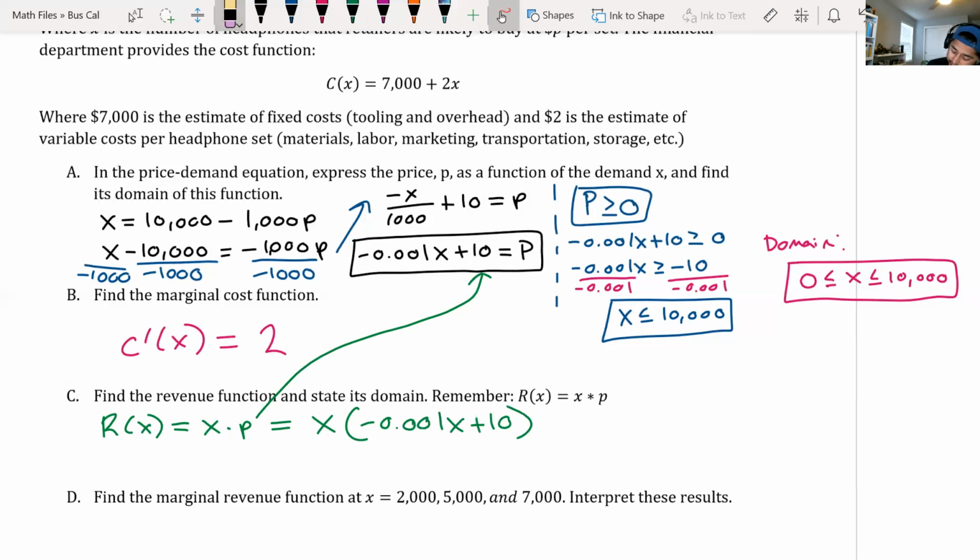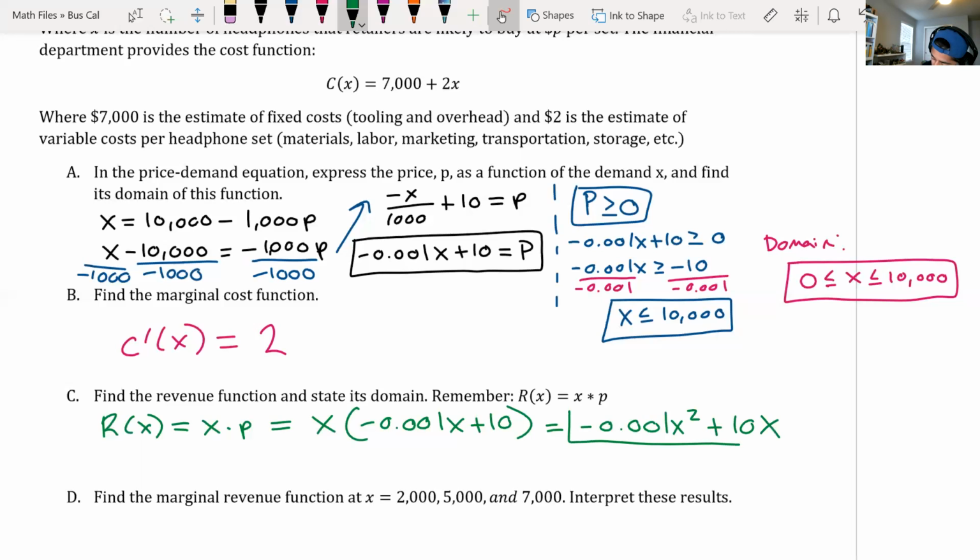There it is. And now distribute the X and we have our revenue function: negative 0.001x squared plus 10x. There is revenue.